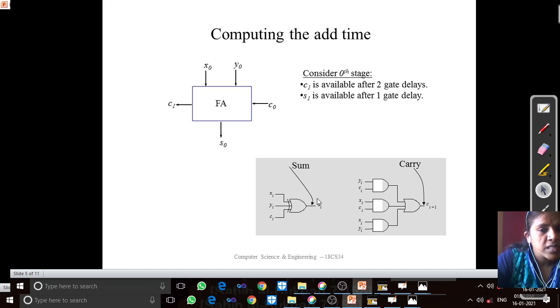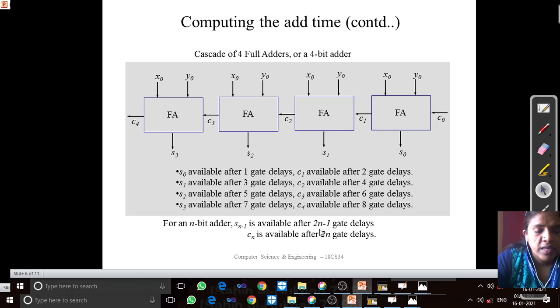So whatever it is, S1, S2, S3, S4, any sum bits are obtained with only one gate delay, as it is having only one XOR gate. I hope it is clear. Now we'll see the next circuit.